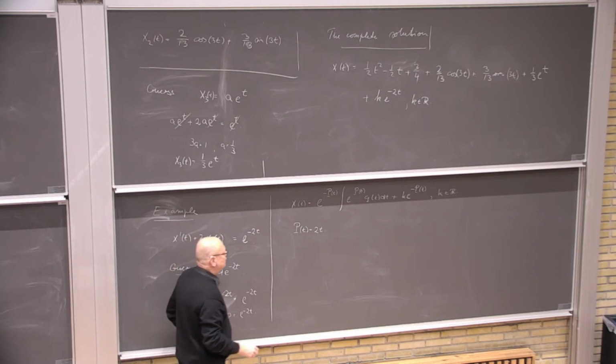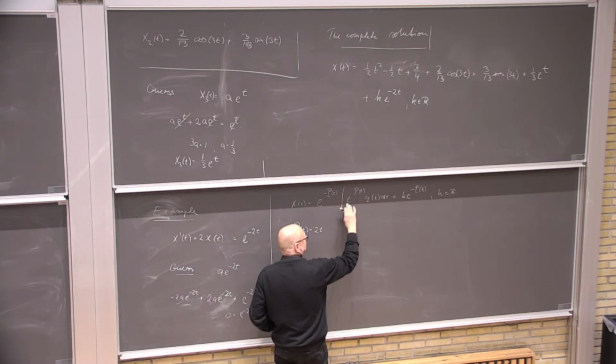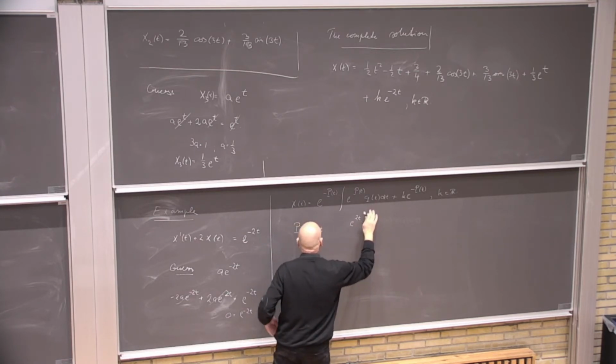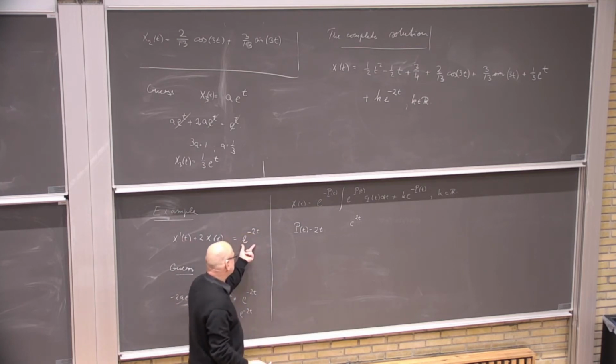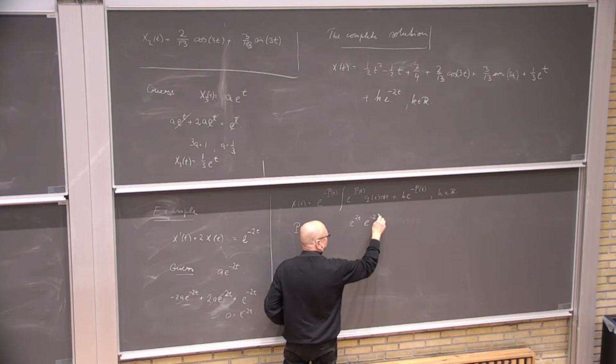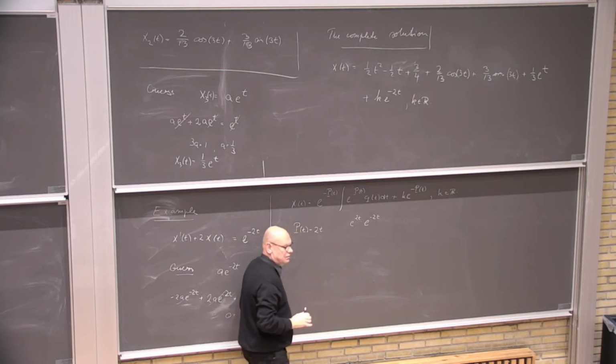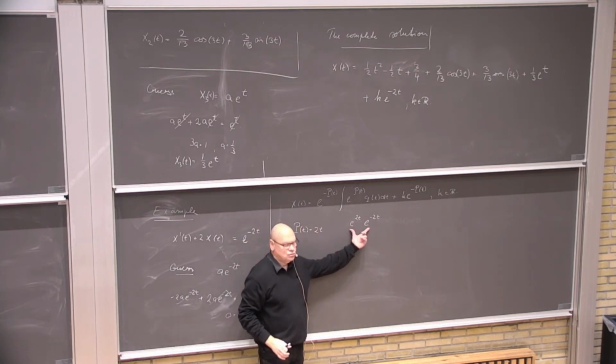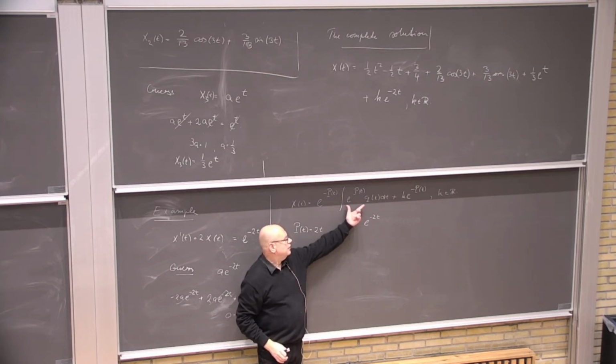And then this integral here will be e to 2t, and then times q of t, which is e to minus 2t. And if you multiply these two together, you get 2t minus 2t, which is 0. So this is equal to 1. And if you integrate 1, you get t.